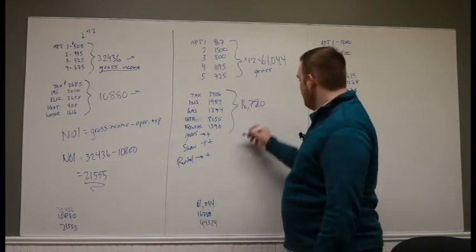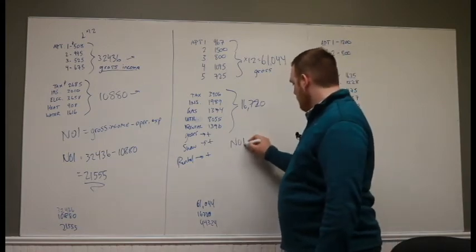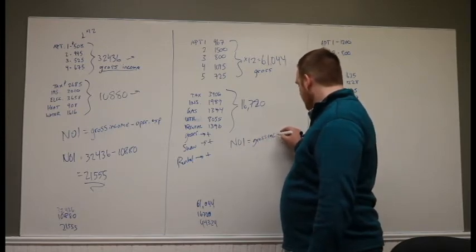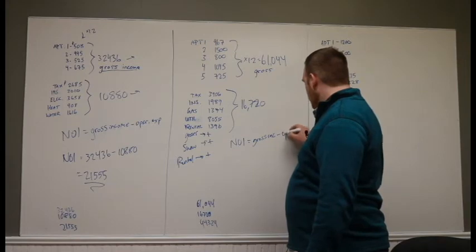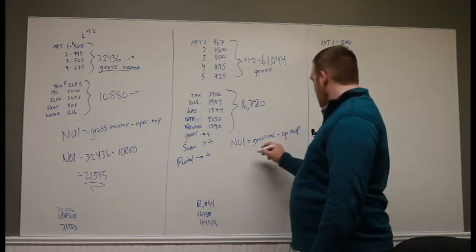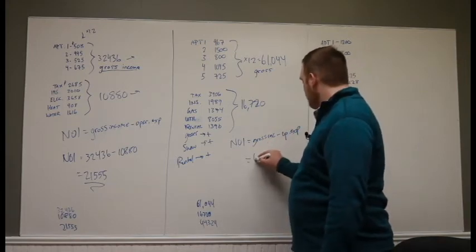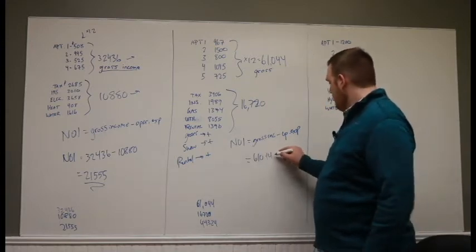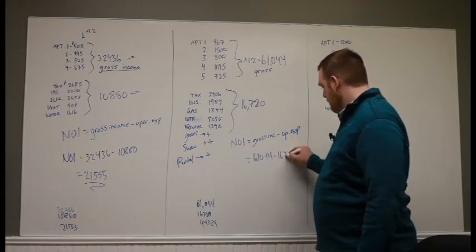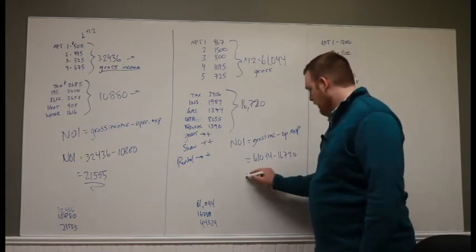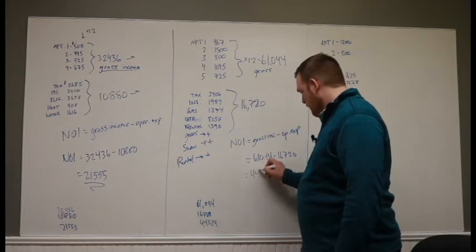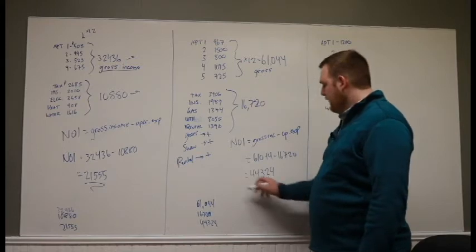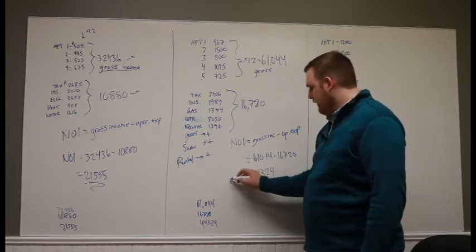So remember, NOI equals gross income minus operating expense, and in this case it's $61,044 minus $16,720, and I've already calculated this. It's $44,324. So that would be the net operating income of this property.